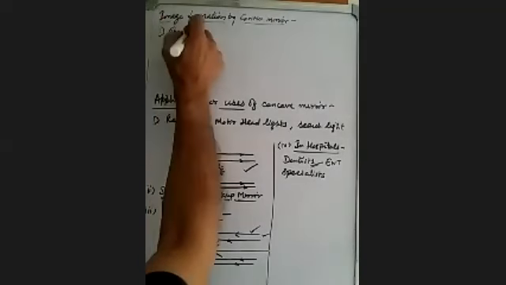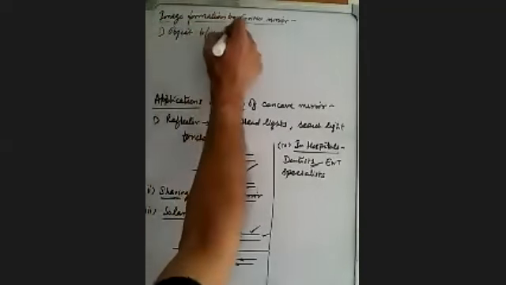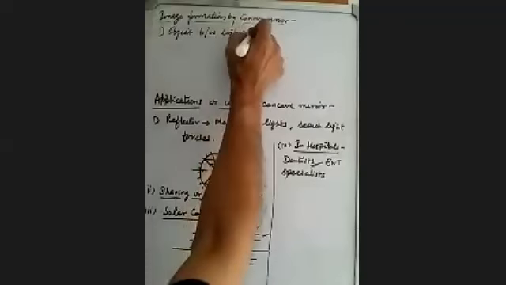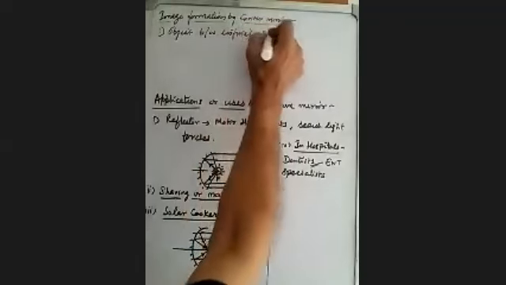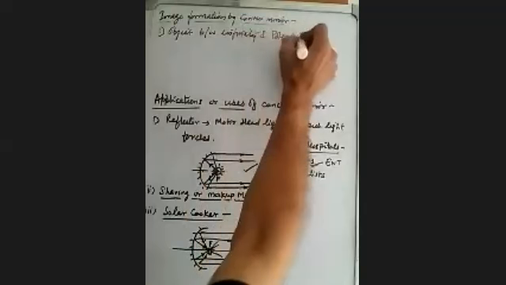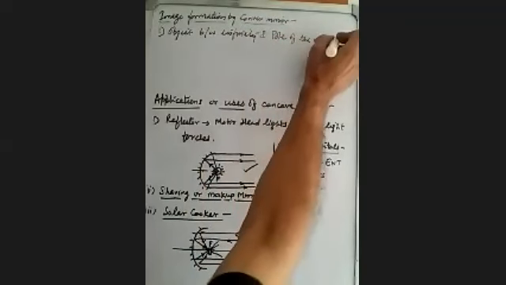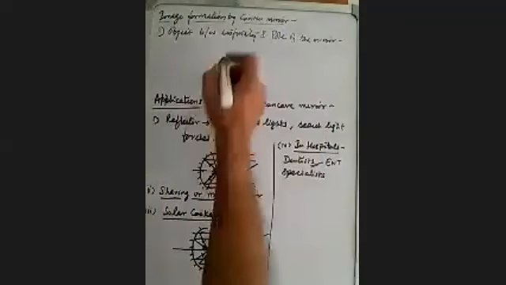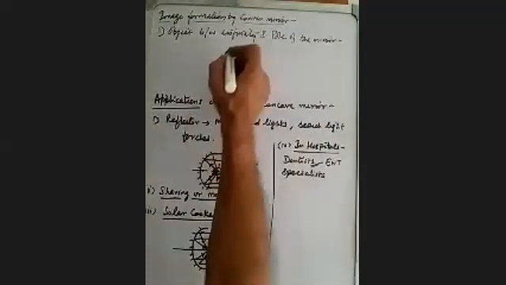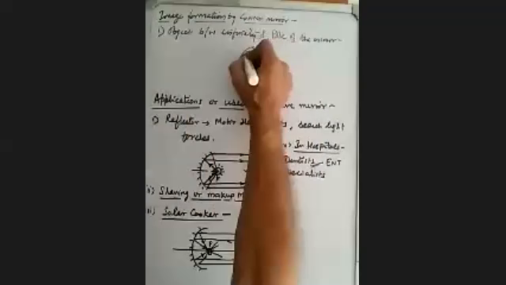The first case: object between infinity and the pole of the mirror. Let us see what the case is. This is the mirror, and this is the principal axis.